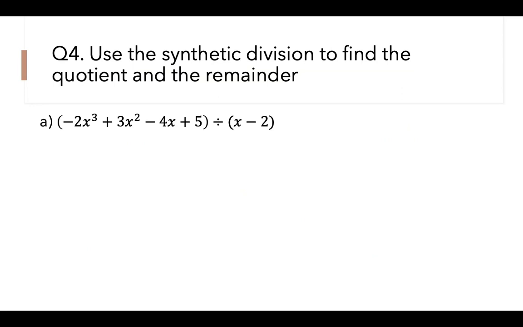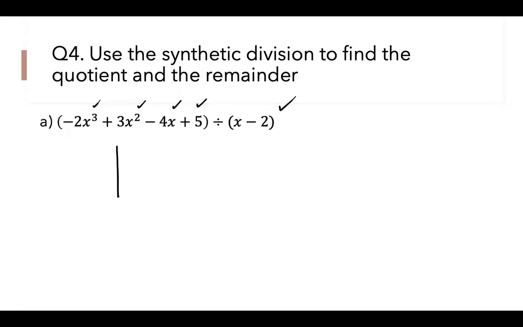It says use synthetic division to find the quotient and remainder. First thing, make sure that its divisor is linear, which is great. And for the dividend, the degrees have to come in decreasing order and you can't skip any exponent. So 3, 2, 1, and 0.